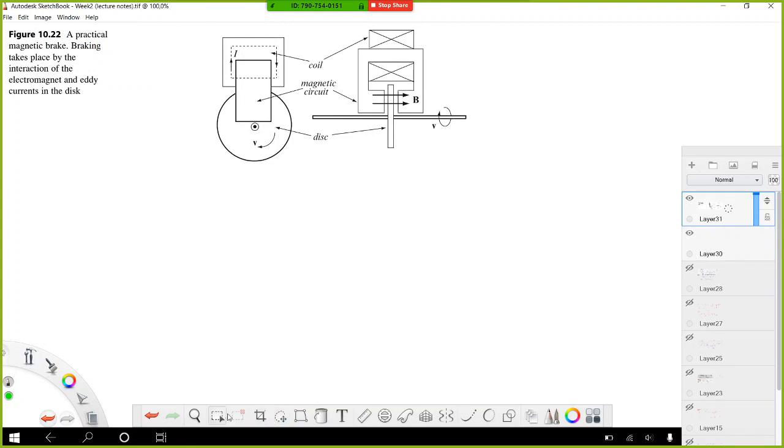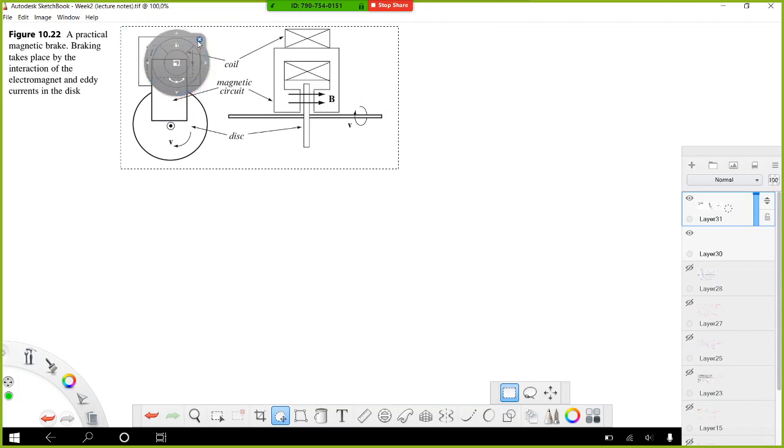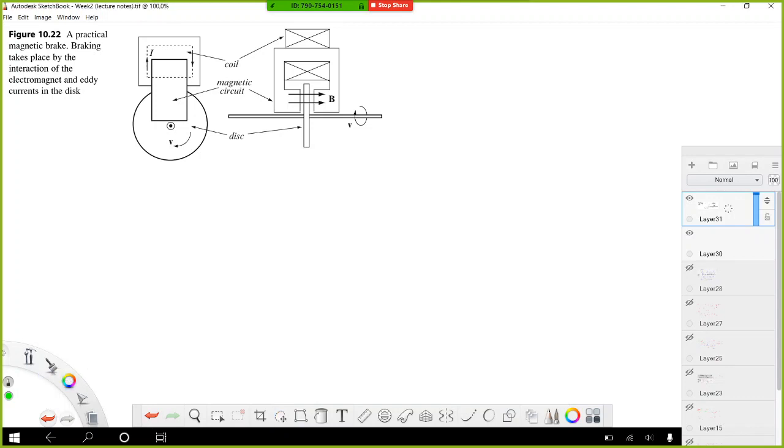Here you can see the conducting discs are installed on the axle of the vehicle. It is written, this is the disc and this is the side view of the mechanism.